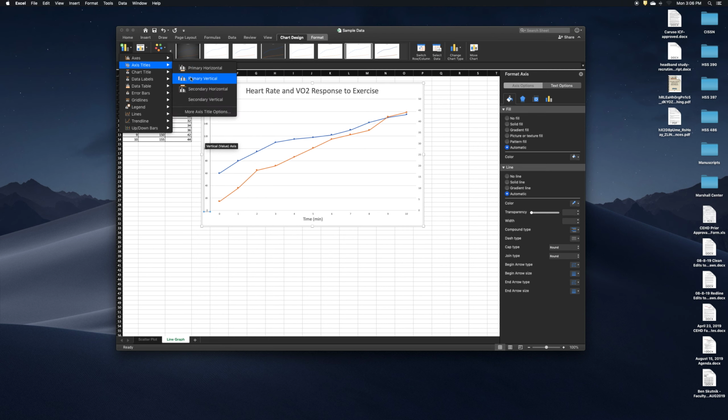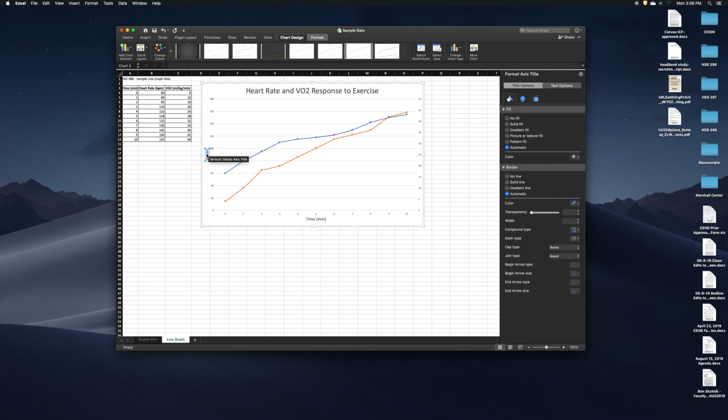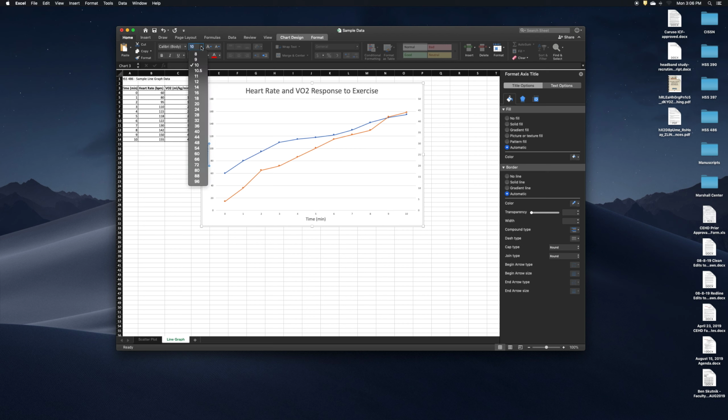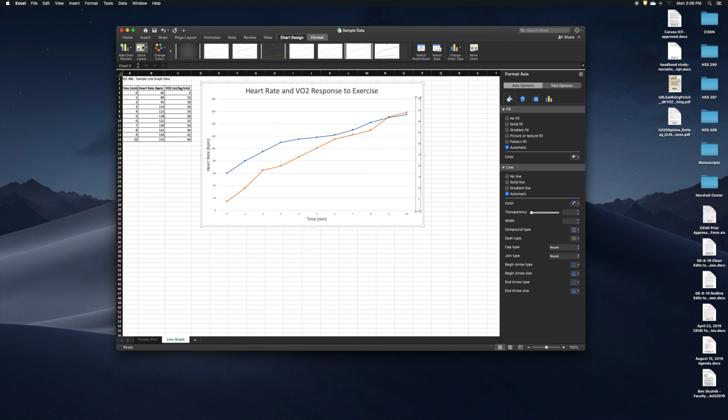Let's name the primary vertical. Here we have the primary being heart rate in beats per minute, BPM. We'll go ahead and make that 16 as well. Here we go, inserting a title on the secondary vertical now.